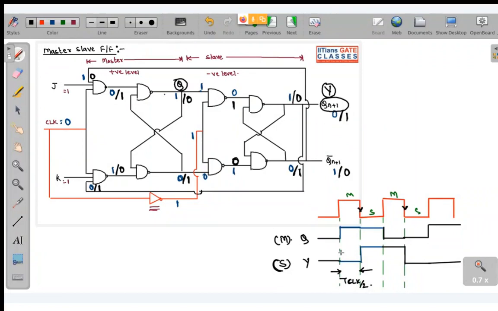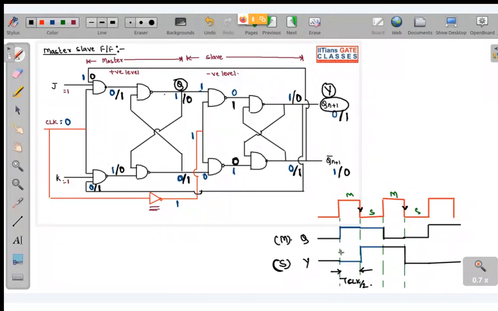Can you see that now? So you won't say it as a delay. Delay is something else. You will say that the slave is following the master at an interval of half clock period. Is that clear?